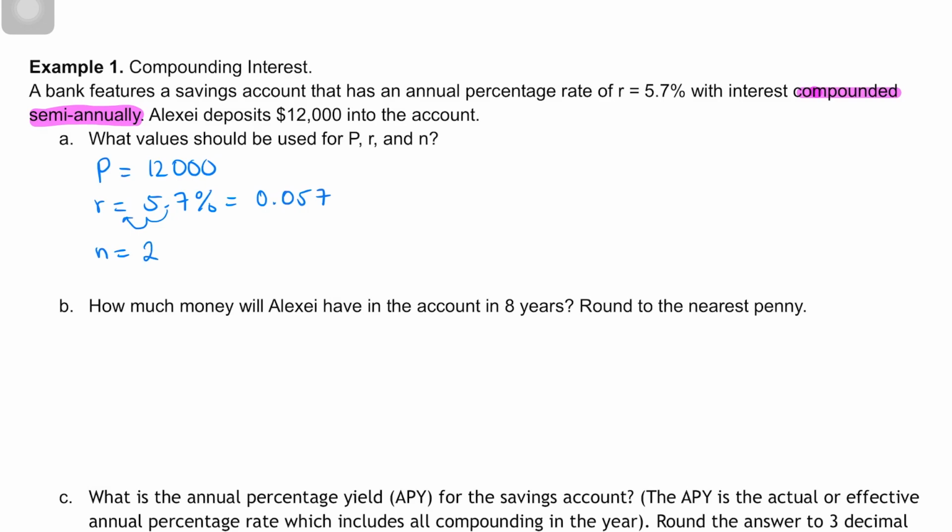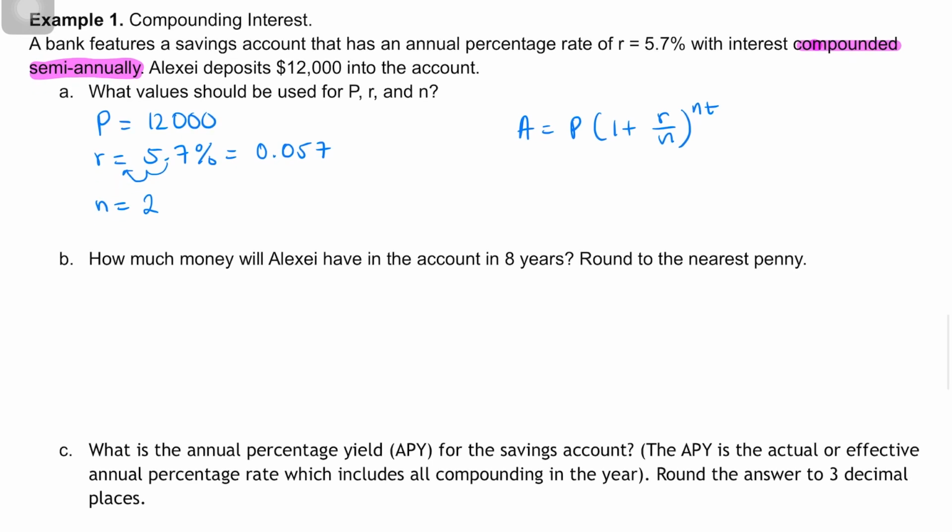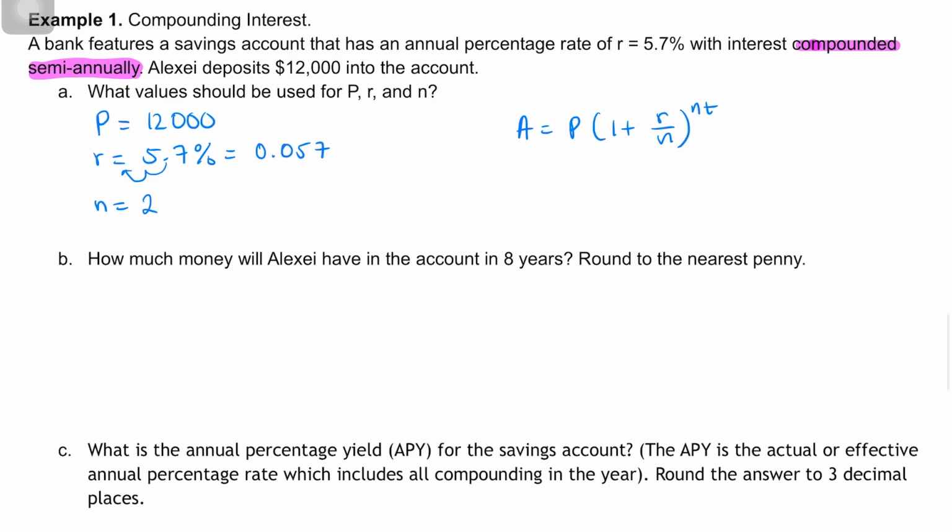Now, in this case, might as well write down which formula we're going to be using. Since this is compounded in a period, that means we're going to be using this formula, right? And I always encourage you guys to try to write the formula every time you use the formula. That way you can memorize it without even trying. Now they're asking us how much will Alexi have in the account in 8 years, rounded to the nearest penny. So in this case, t will be equal to 8.